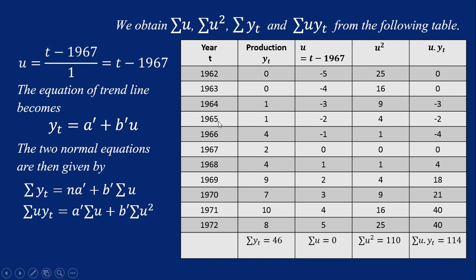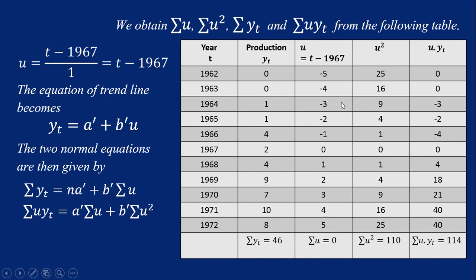Similarly, 1965 minus 1967 we get minus 2. Here 1966 minus 1967 we get minus 1. Here 1967 minus 1967 we get 0. And similarly, subtracting 1967 from these years, we get 1, 2, 3, 4 and 5. So these are the values for the new variable u.